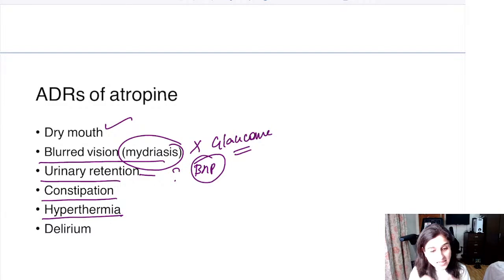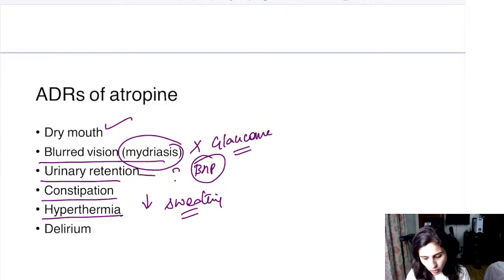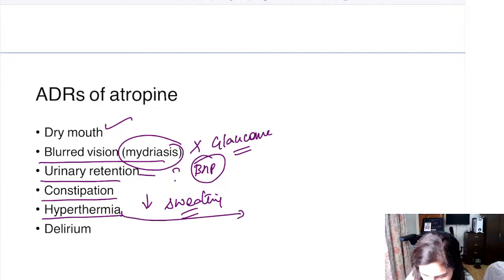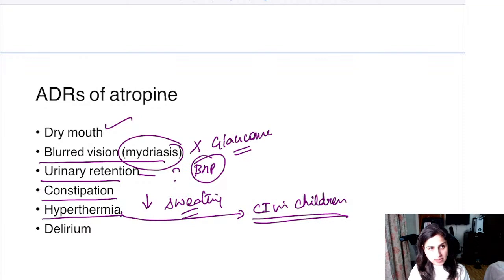Hyperthermia. Now, what is the reason for hyperthermia here? It is the decrease in sweating. Because it decreases all the secretions of the body, it decreases sweating, and that leads to hyperthermia. Because of this hyperthermia, atropine is contraindicated in children, since it can lead to a dangerous rise in temperature and the child can die.